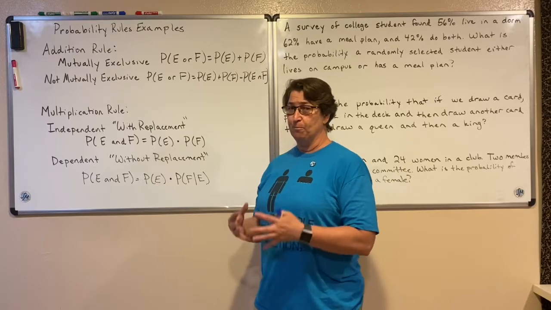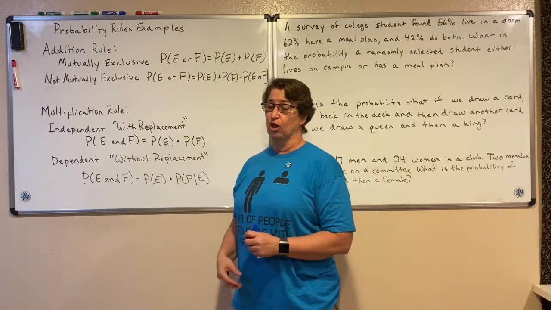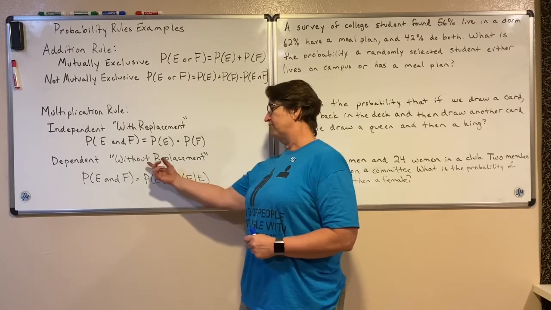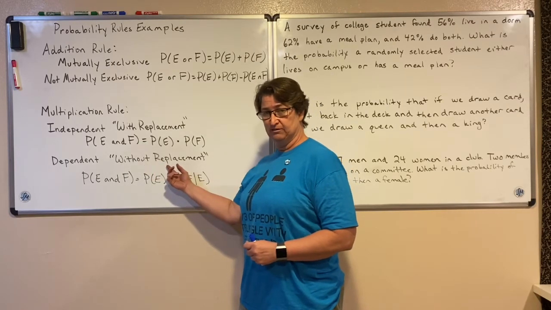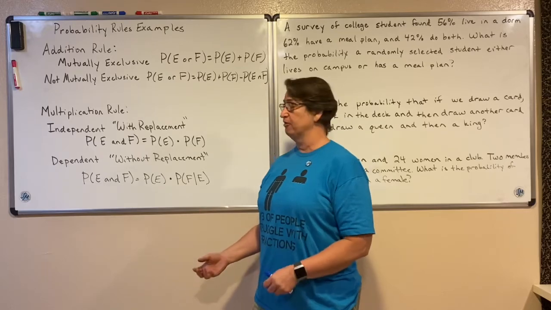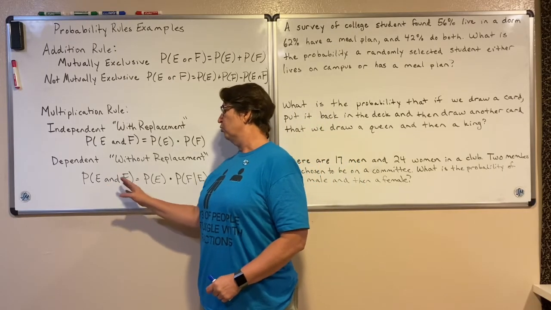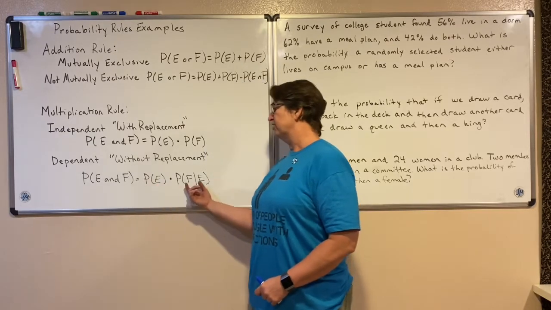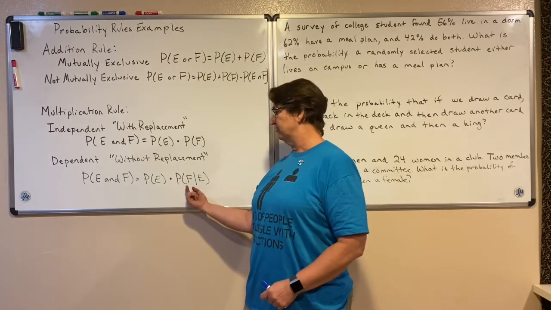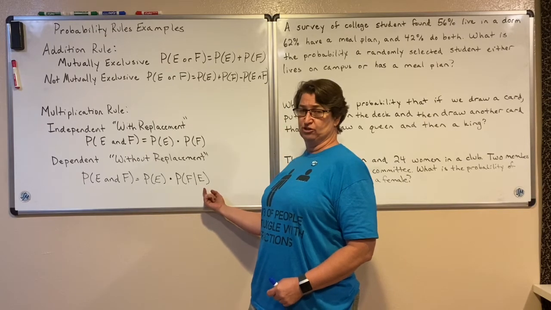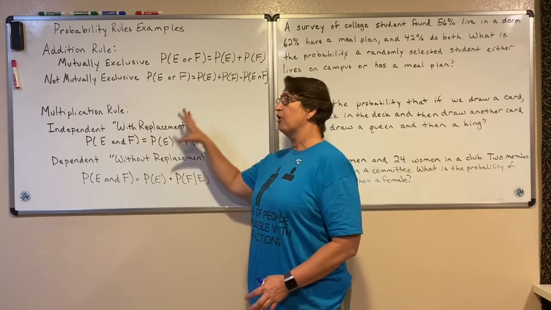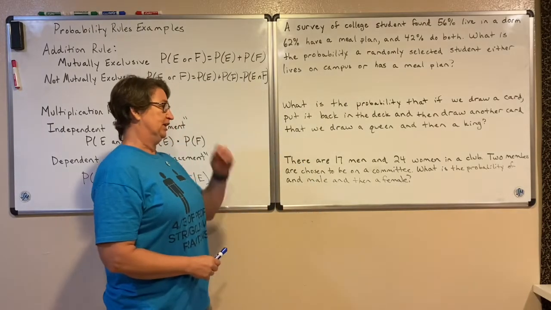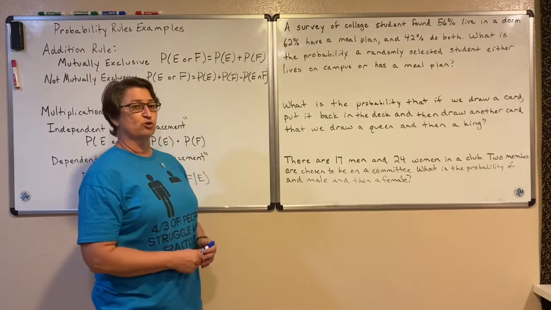If, however, they're dependent, if it's conditional upon the first thing, for instance, if it says without replacement, so there's that condition upon the first one, then we're going to take the probability of the first event and then the probability of the second event on the condition that the first event occurred. So there are your probability rules written up generically or in general. Let's do a few examples.